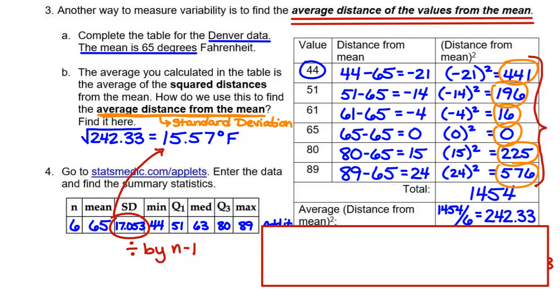So I want you guys to come back over here, this 1454, grab your calculators for me. Instead of dividing it by 6, I want you to divide it by 5. Take 1454 and divide it by 5. And now I want you to take that number and square root it.